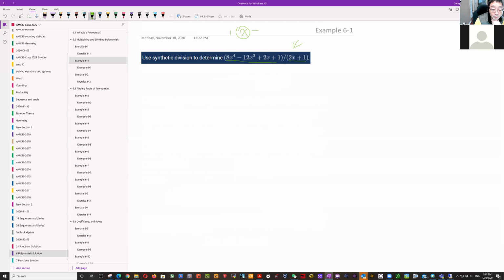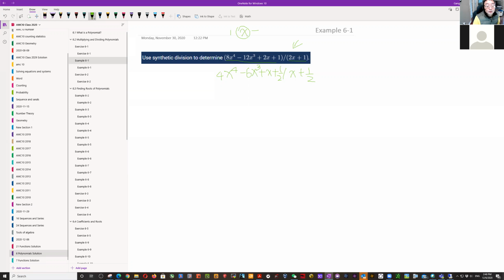If we do some manipulation, we can change this into monic by dividing both numerator and denominator by 2. So you can write it as x plus 1/2 in the divisor, and the numerator becomes 4x cubed minus 6x squared plus x plus 1/2.